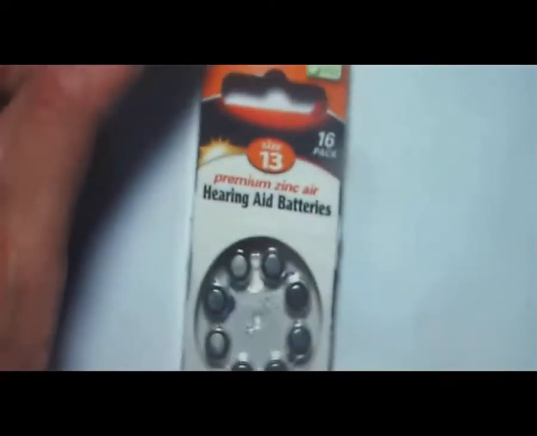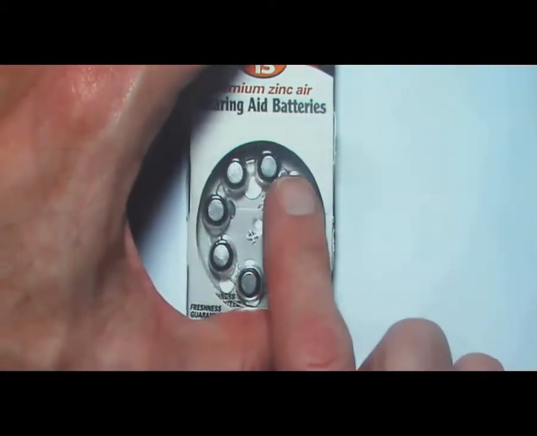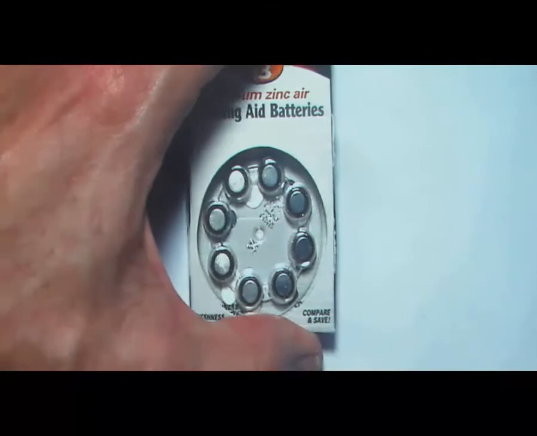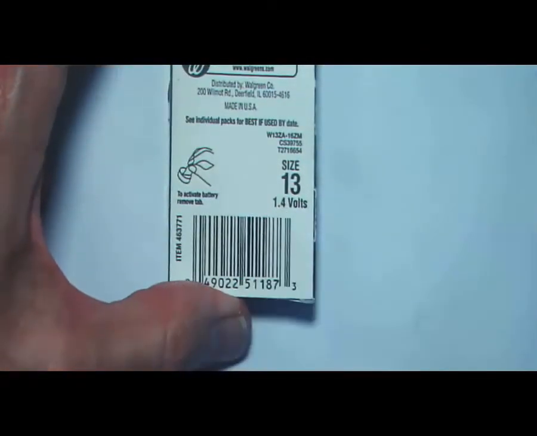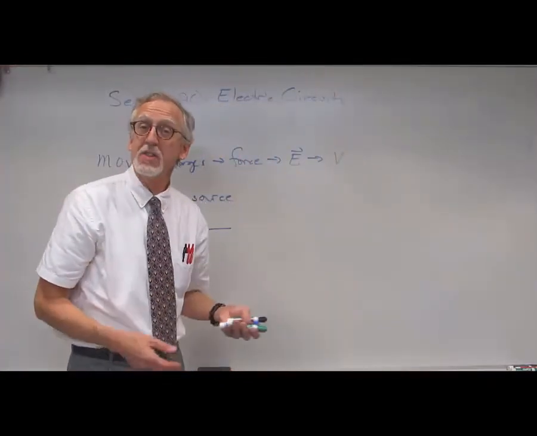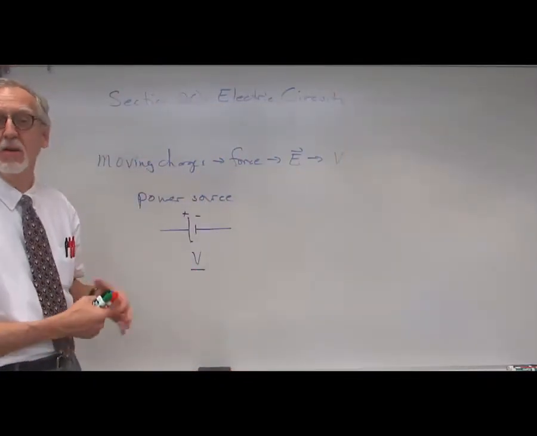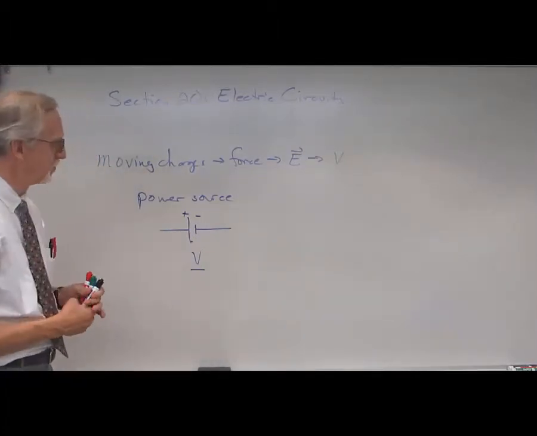And the potential difference between the ends is 9 volts. Even these little tiny ones here, some hearing aid batteries. So here are the batteries, two different sides will be the two different terminals, top and bottom, and on the back here it says the difference is 1.4 volts. So a volt is the unit of potential difference, and the potential difference between the two terminals on the battery is always going to be given. All right.